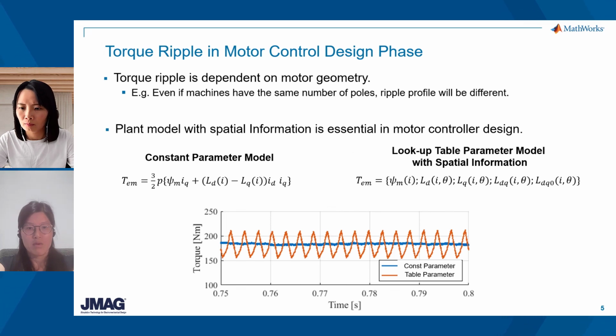To be able to capture the ripple, the plant model needs to have the rotor position information, as shown in the equation on the right side of this slide. This lookup table parameter model with spatial information has theta as an input parameter. Therefore, it can represent these torque ripples up and down on the torque.